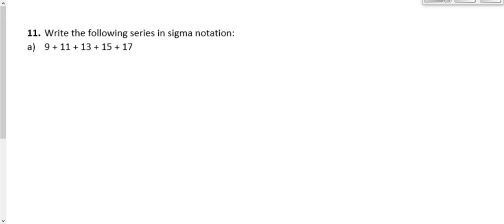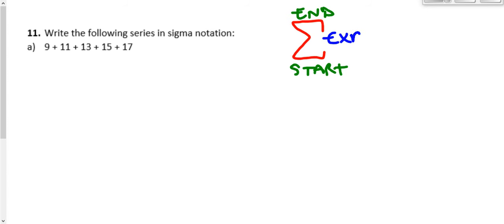Remember that in sigma notation, I have to know my starting value for n, my ending value for n, that's how far I need to go, and the formula inside has to be in explicit form. So if my pattern is arithmetic, I need to write my equation in explicit form.